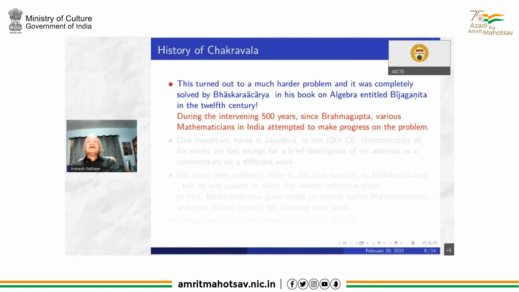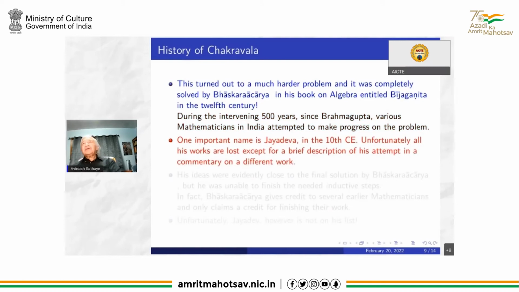During the intervening 500 years since Brahmagupta, various mathematicians in India attempted to make progress on this problem. One important name in that list is Jayadeva. Very little is known about him. He was in the 10th century, and all his works are lost except for a brief description of his attempt in a commentary on a different work.